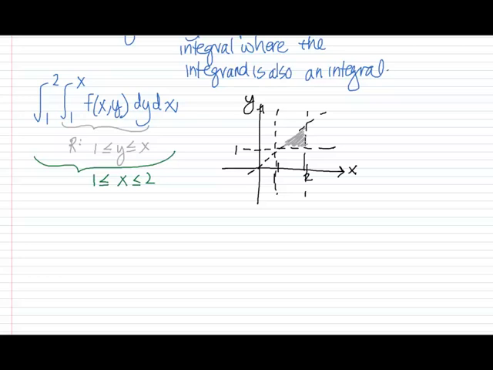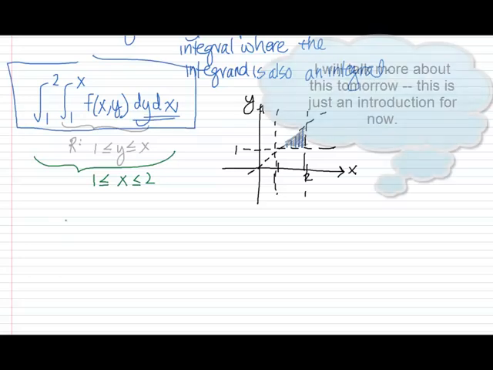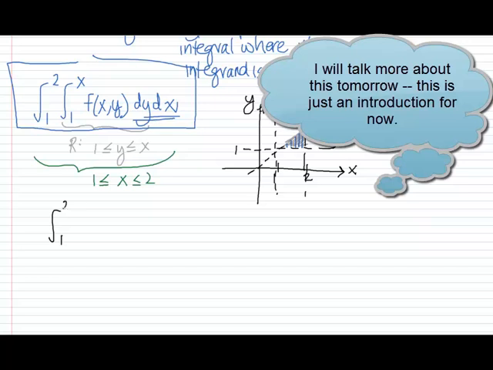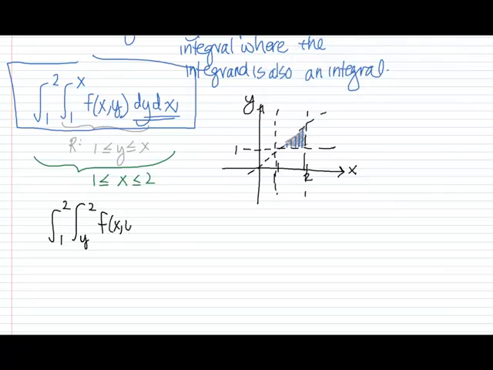So what's happening here in our multivariable calculus is that we are going to end up finding this area, or the volume of a region, with that as its base shape. I could switch this integral around, and it would read the integral from 1 to 2 of the integral from y to 2 of f of x,y dx dy.